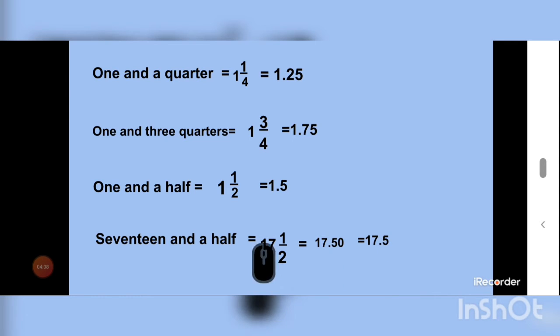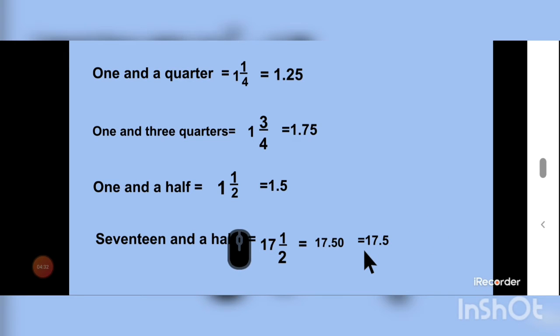So how will you write 1 and a quarter? You will write it in decimal form as 1.25. 1 and 3 quarters is 1.75. 1 and a half is 1.5. 17 and a half is 17.5.